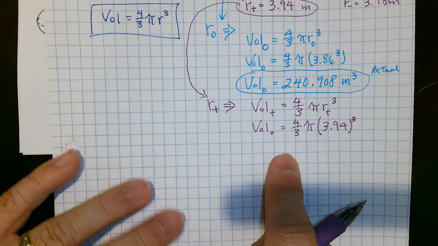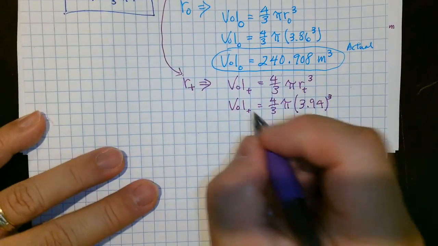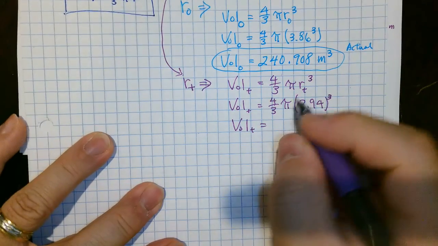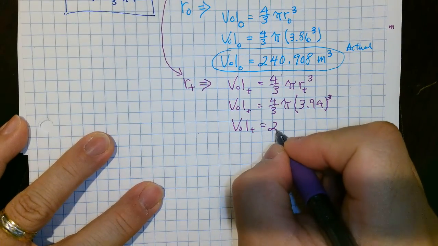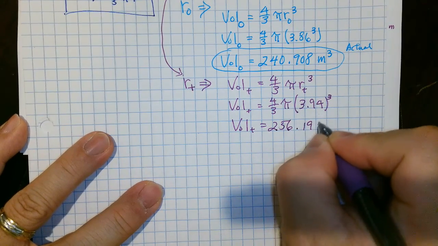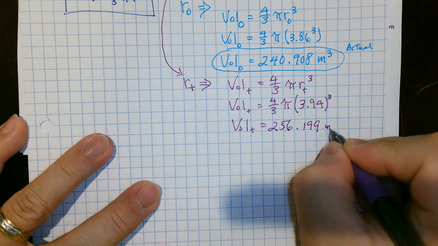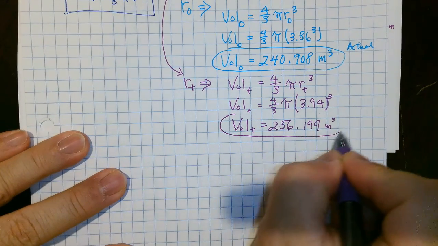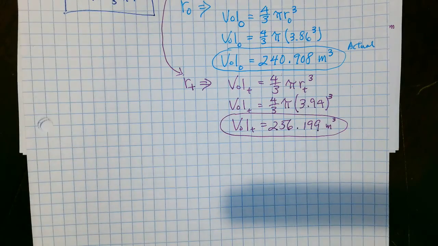If you work this out correctly in your calculator, volume plus comes out to 256.199 meters cubed.